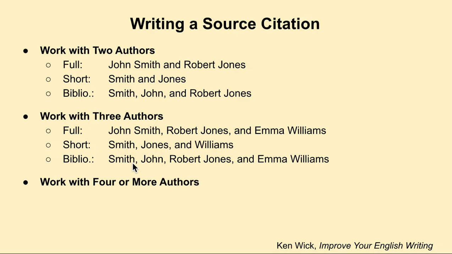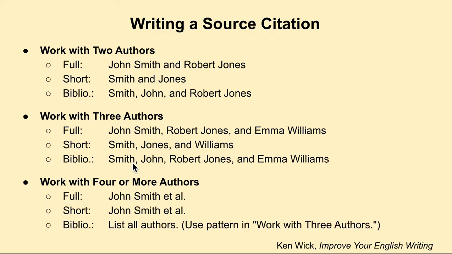Then if you had four or more authors, this is how you list it. What you do is you say John Smith et al., meaning there's others, and you do the short citation the same way. And in the bibliography, you list all the authors. So if you had 20 authors, you list 20 authors, and you use the pattern that works with three or more authors.